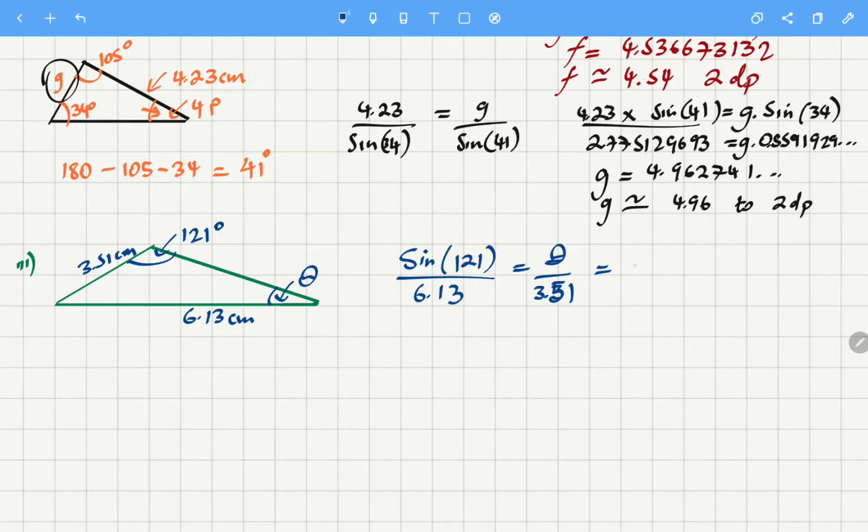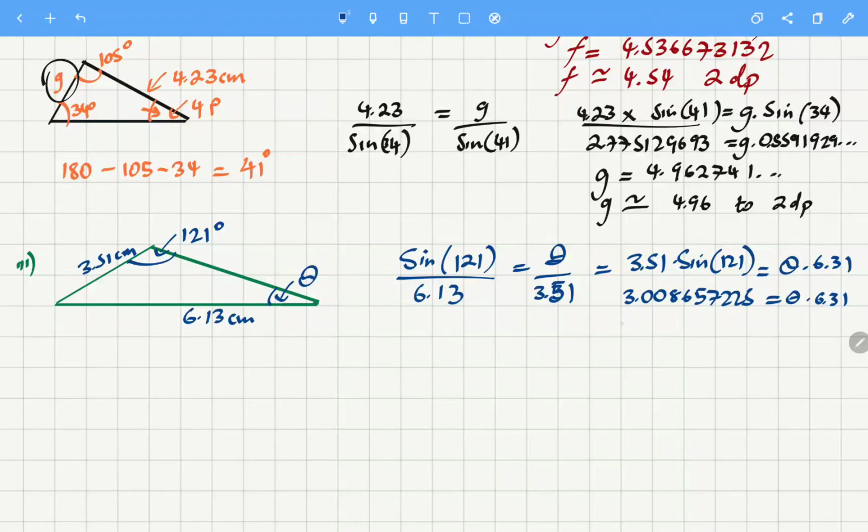Like we were doing above, we do the cross multiplication. So it was 3.51 times sine 121 equals theta times 6.13. That becomes 3.008657, which is theta times 6.13.